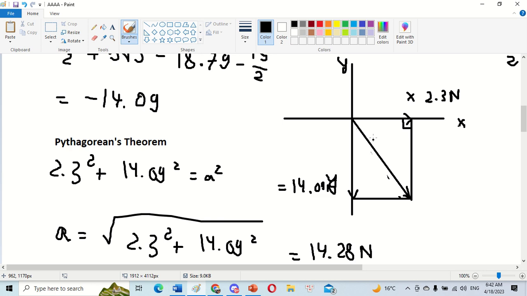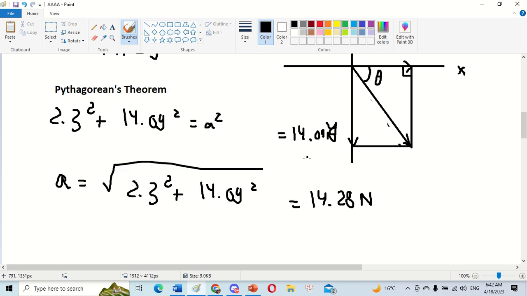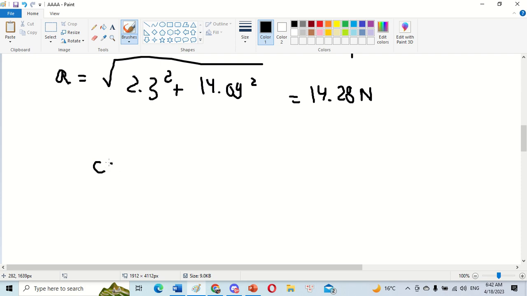So we want to find the angle in here. So we have R, we have x, we have y. So we can apply the formula in here.